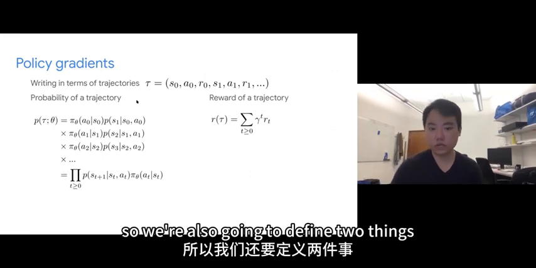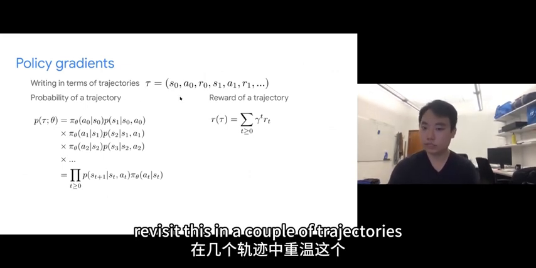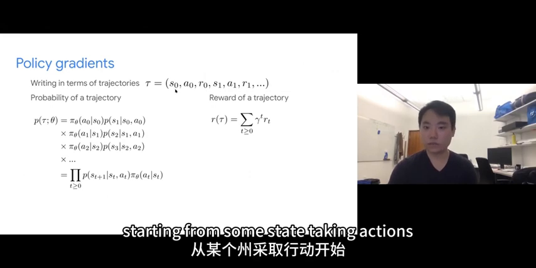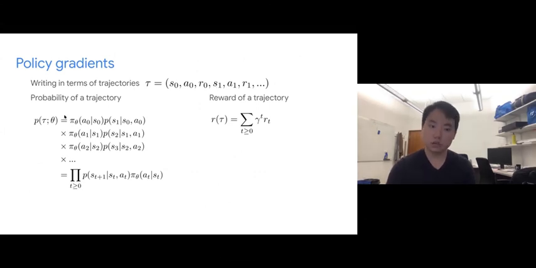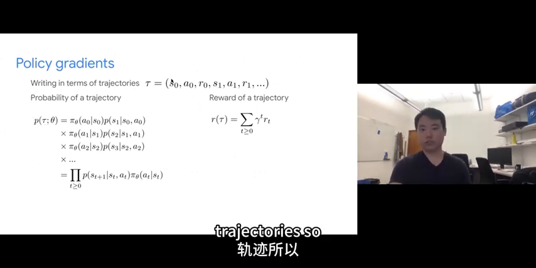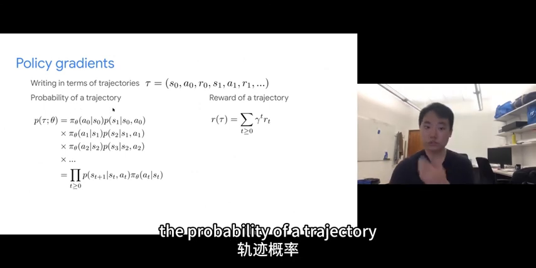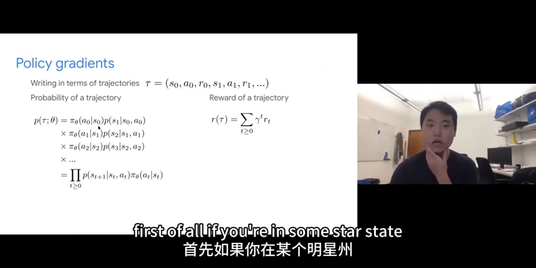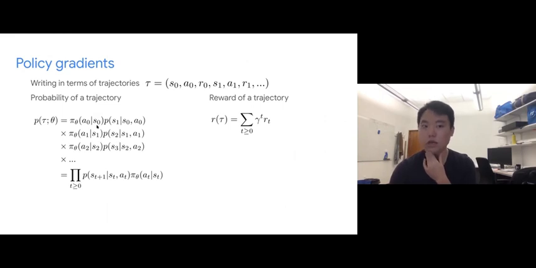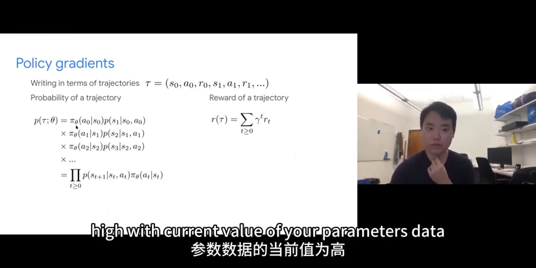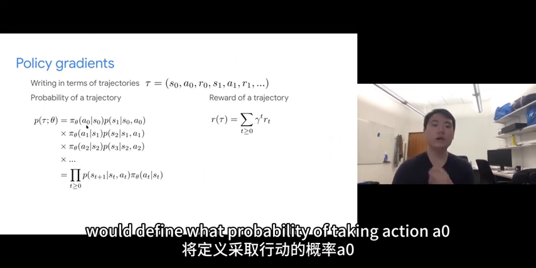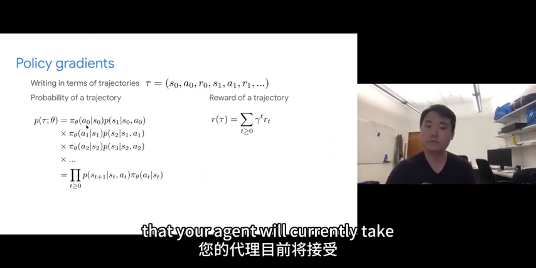We're also going to define two things. We're going to revisit this in terms of trajectories. Trajectories are, starting from some state, taking actions, observing rewards, and going to next states. I'm also going to write out the probability of each of these trajectories. The probability of a trajectory is given by a couple of things. First of all, if you're in some start state, your policy pi, with the current value of your parameters theta, will define the probability of taking action A0 that your agent will currently take.